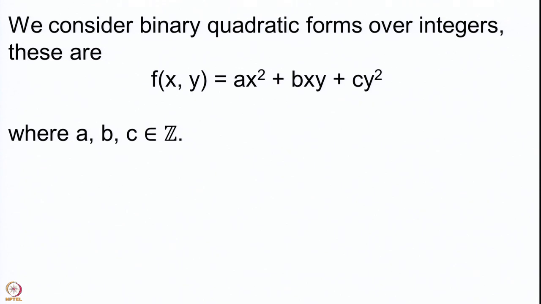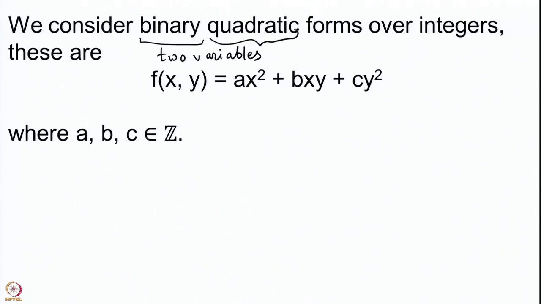We have two variables now, x and y, and this is why we call them binary. So, the name binary comes because we have two variables, namely x and y.